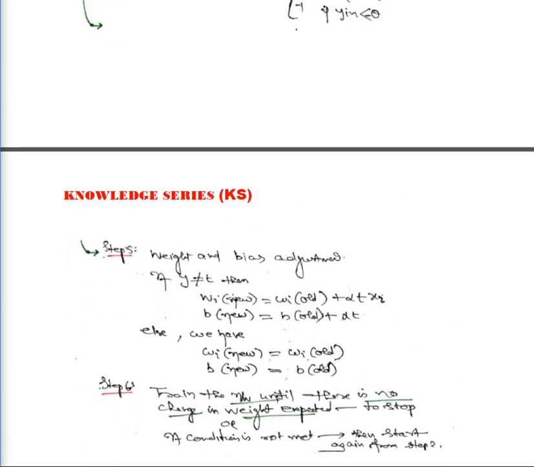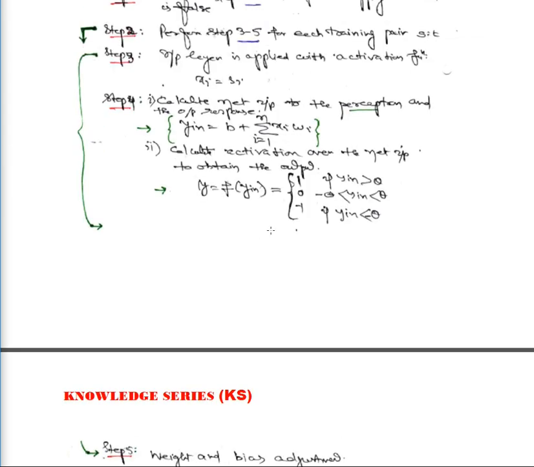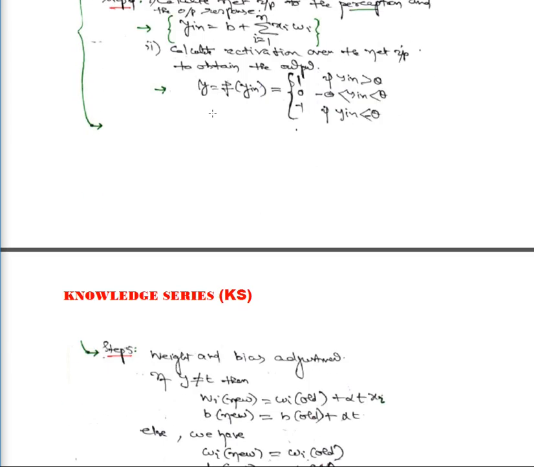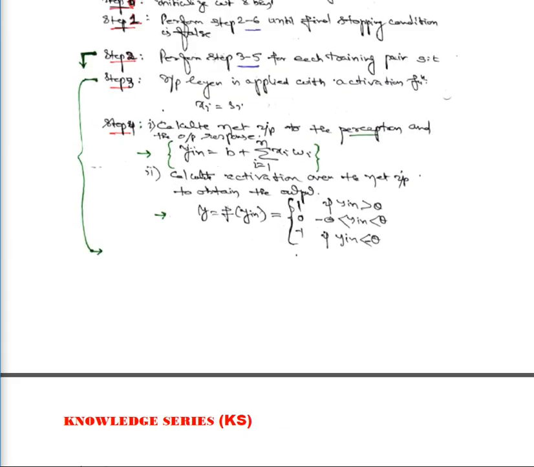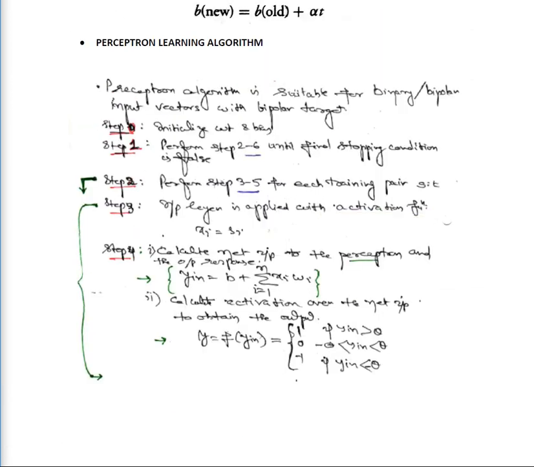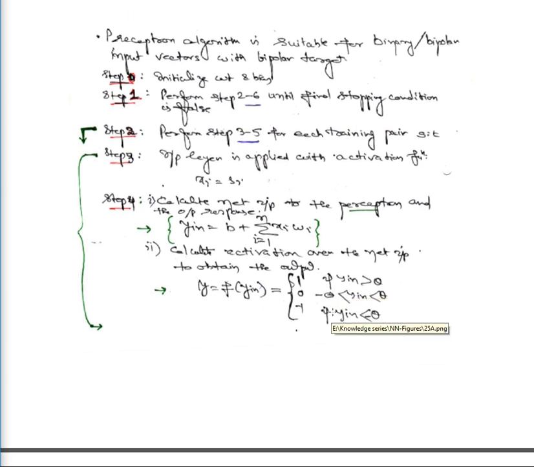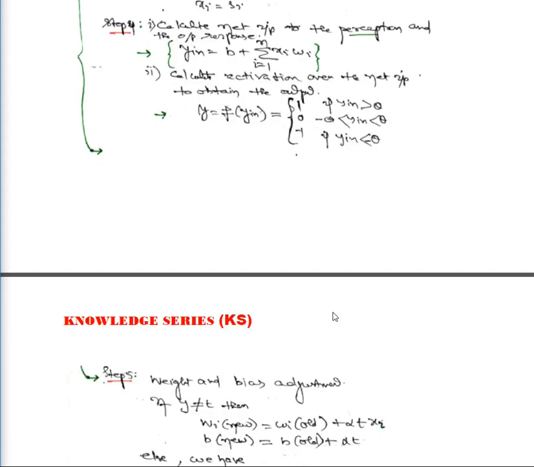Because the new weight is being formed, with respect to alpha and t. Once the new weight and the new bias are formed, with respect to that new weight and new bias, again you are going to produce y in, and then again with respect to f of y, this particular factor is followed. This is how the learning pattern is processed, and the model is put for training.